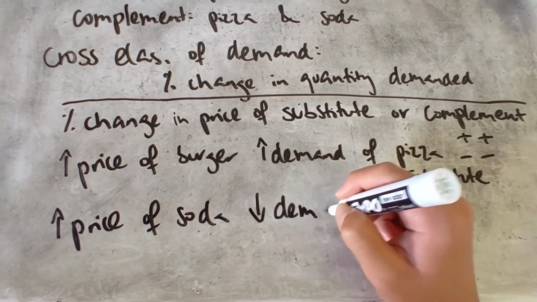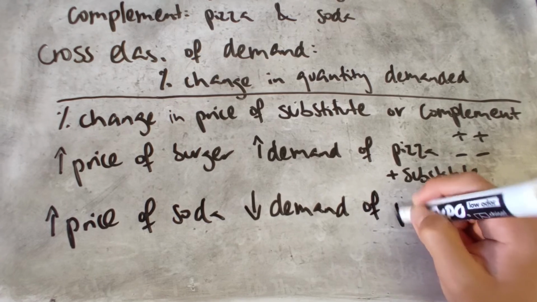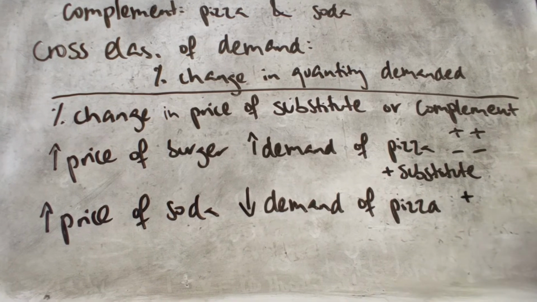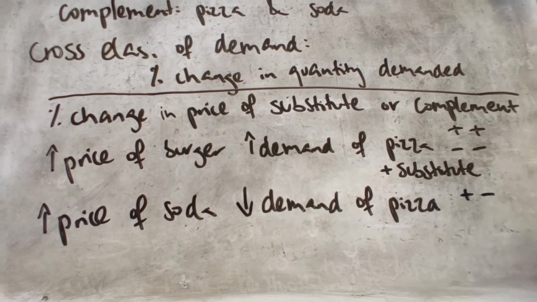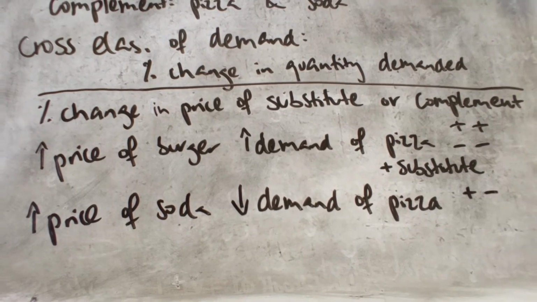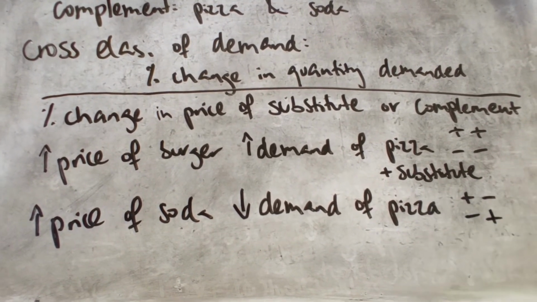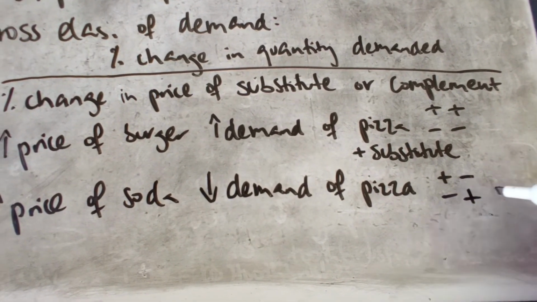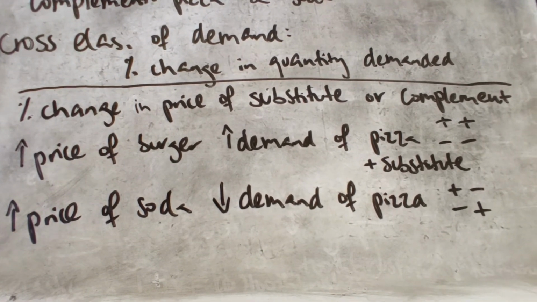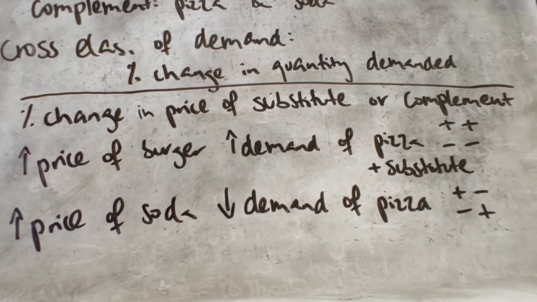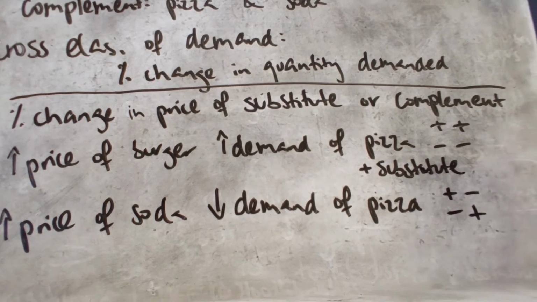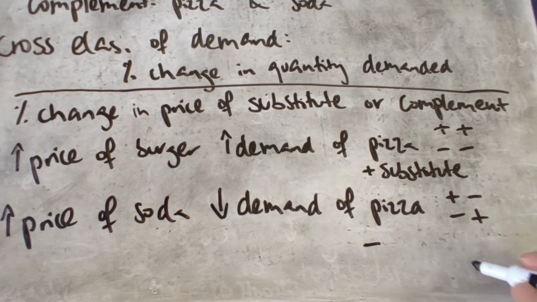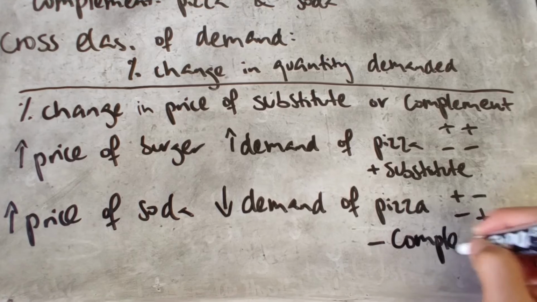So if the price of soda increases, then the demand of pizza decreases. So you can see, if there's a positive price change in soda, there's a negative change in demand, a decrease in pizza. And it works the same way vice versa as well. So what you can see here is there's a positive and a negative in each scenario. And when you put this in the equation, if there's only one negative in there, you're going to result with a negative elasticity. And when there's negative elasticity, that means that it is a complement.